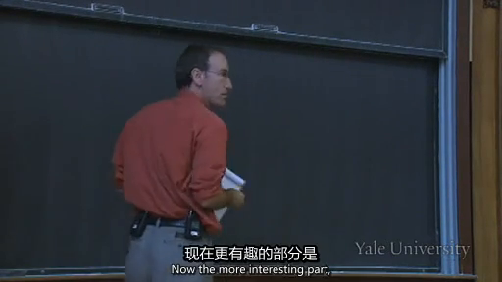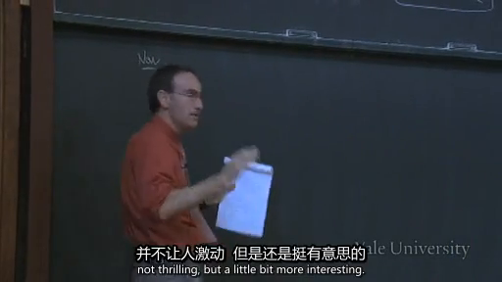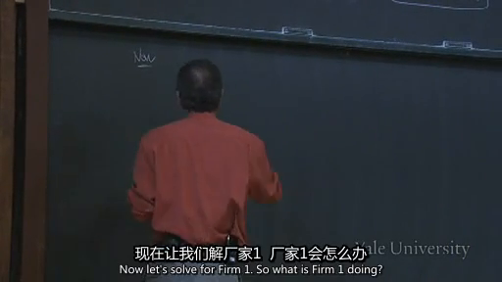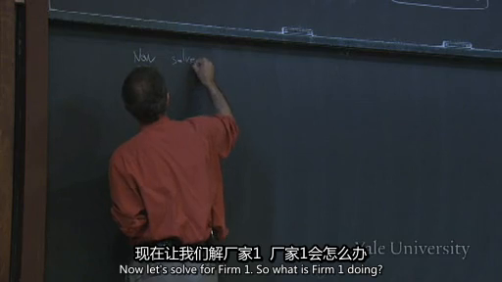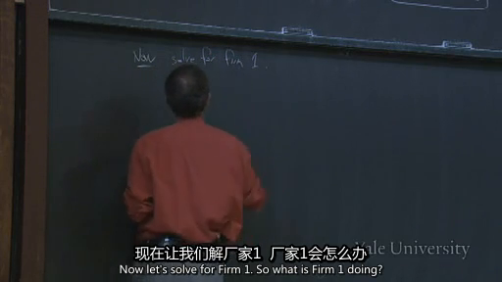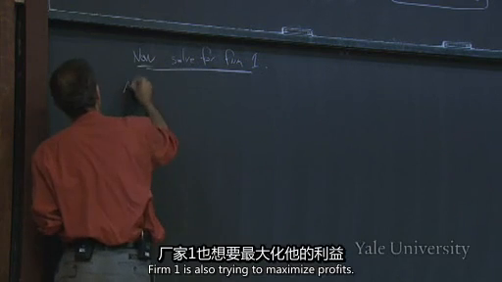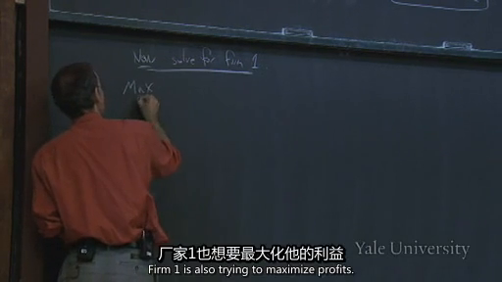Now the more interesting part. Not thrilling, but a little bit more interesting. Now let's solve for firm 1. What is firm 1 doing? Firm 1 is also trying to maximize profit.